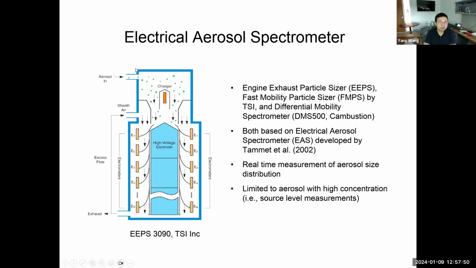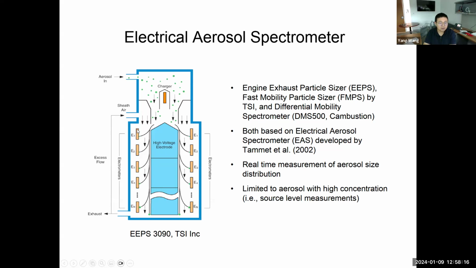Because of that, there are these electrical aerosol spectrometers, for example, the TSI EEPS, FMPS, or the Cambustion differential mobility spectrometer, DMS, right? They still use the DMA mechanism and classify particles based on their different sizes. Smaller particles get classified here, larger particles get classified at the end.